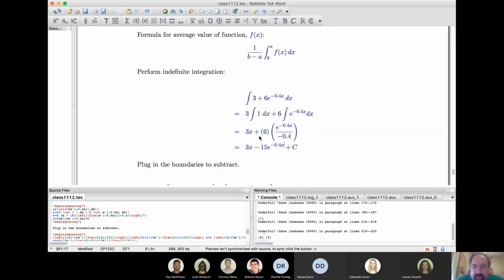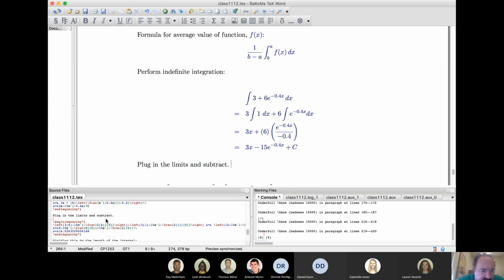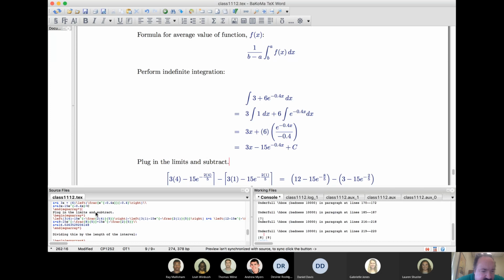But then when we clean up the constants, we have 6 divided by minus 0.4. If you work it out in your calculator, you're going to get minus 15. All right, so that is your indefinite integral.